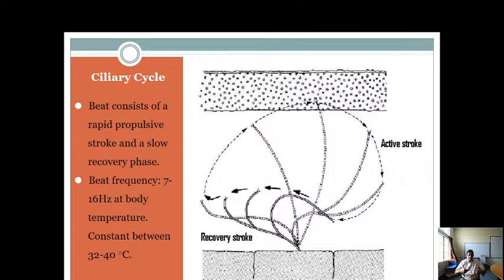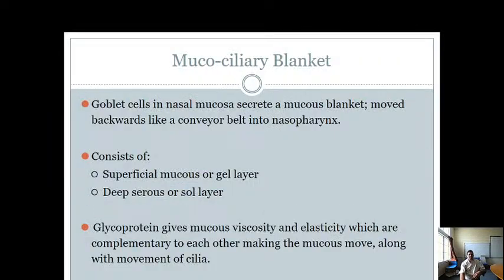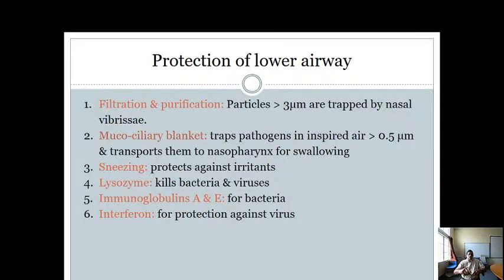It takes away the secretions from the bronchi into the trachea, larynx, and then into the hypopharynx, and then you swallow. So this is what happens to the nasal mucus. That is the way in which the mucociliary function helps in taking away the small particles which are adherent to the mucus and transports them into the stomach.